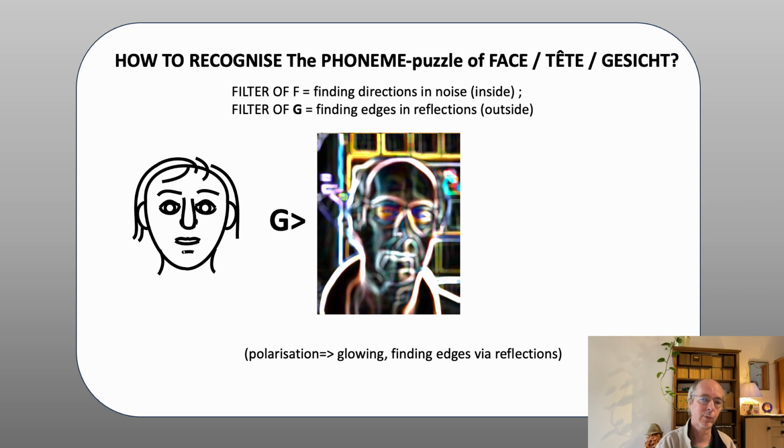The polarization will glow with the G, as you can see already, the G and the L. You can even find the glow. We can even describe it there with the letter combinations, but that's not what I'm talking about now. The G is glowing, and it will automatically find its edges, not its details in the middle. It will find its reflections with the G, the reflections at the outside. So let's form the word Gesicht.